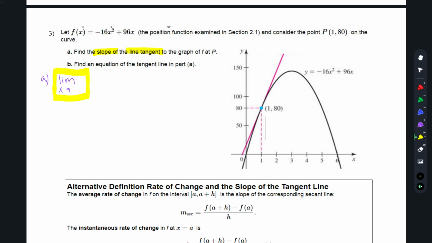Okay. Now, where I want this tangent line to be is right there, right at this point. So I want my x to get really close to 1. So it's whatever your x is that you're getting really close to. And the formula looks like the slope formula because it literally says slope.